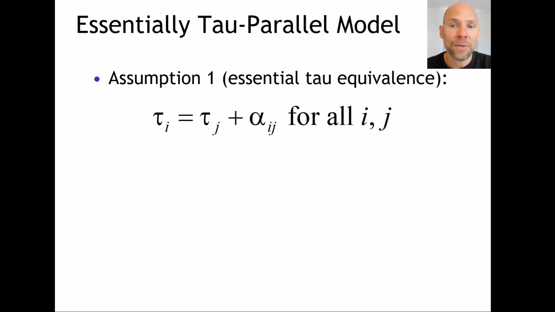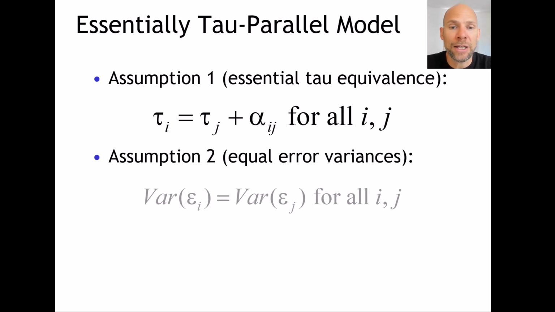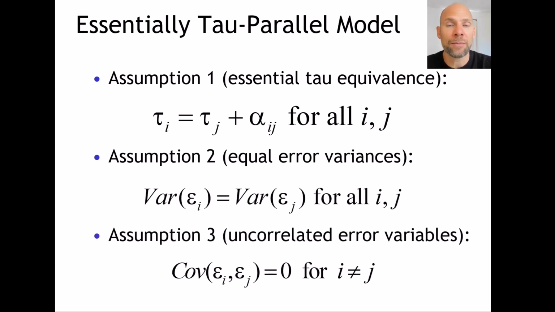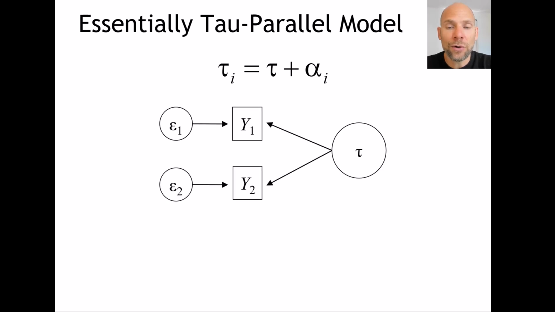The second assumption is the same as before, equal error variances, so that is unchanged. And then also the third assumption of uncorrelated error variables is also unchanged relative to the strictly tau parallel model. Now the essentially tau parallel model in terms of a path diagram looks the same.